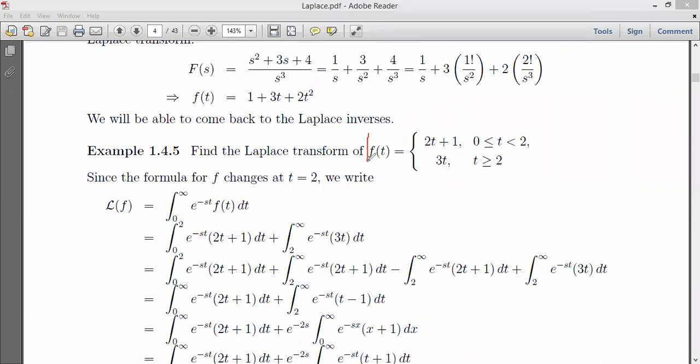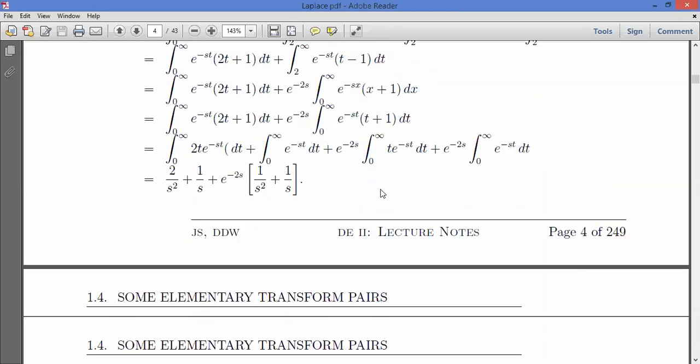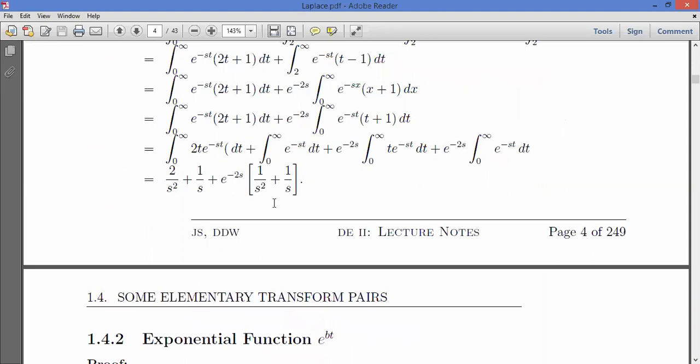If you remember, we computed the Laplace of this one here, and this is where we used the sectional continuity. So we want to compute this again using our theorem, and see if we arrive at the same answer, which we came up with last time.